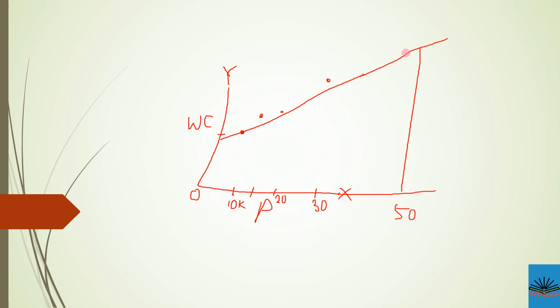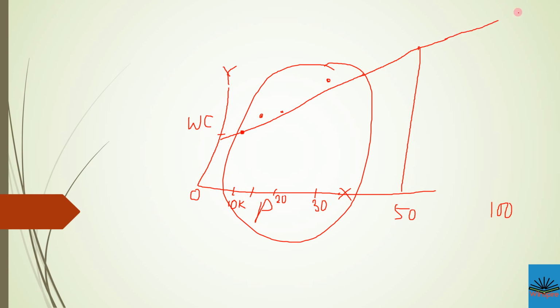So we can predict the water consumption of a 50,000 population using only this information, or even a population of 100,000, where the line will go something like this, or even this side.